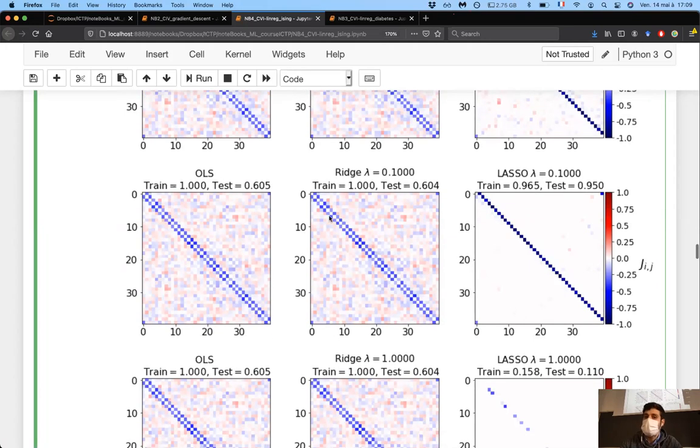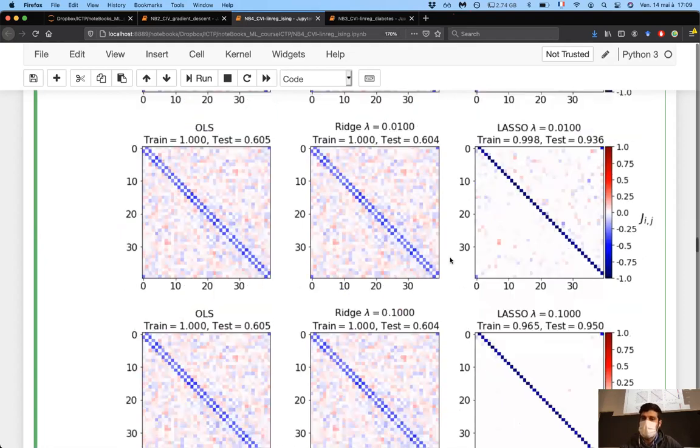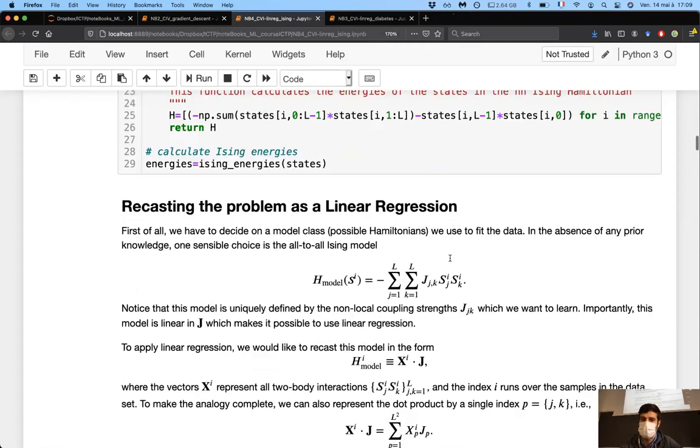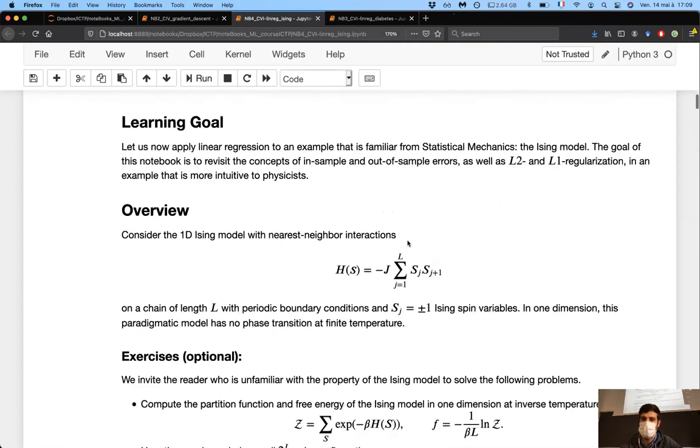So let's try to understand why Ridge and ordinary least squares are reconstructing something both above and below the diagonal, while Lasso is not. Because you see, this energy function that we're trying to reconstruct has an invariance, what we call a gauge symmetry in physics.